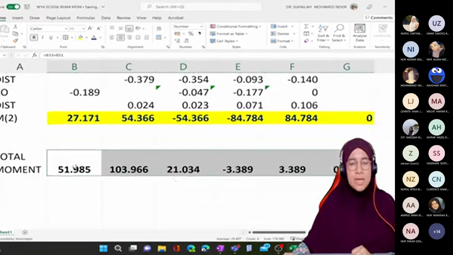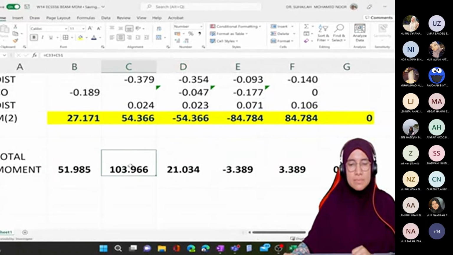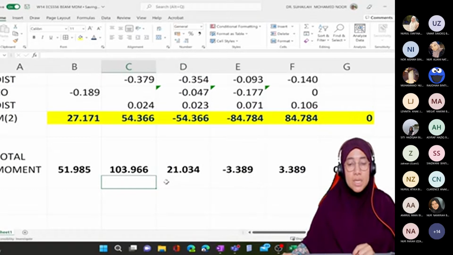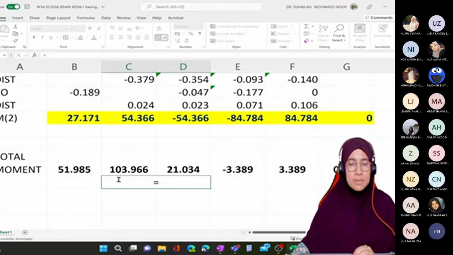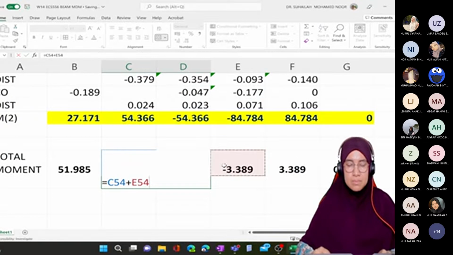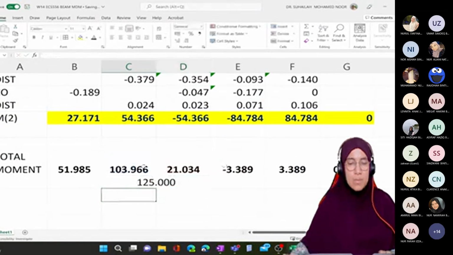Okay, this is the final answer. Again, the total will be equal to 125 because of joint moment. You can check. Because of joint moment, one to five.